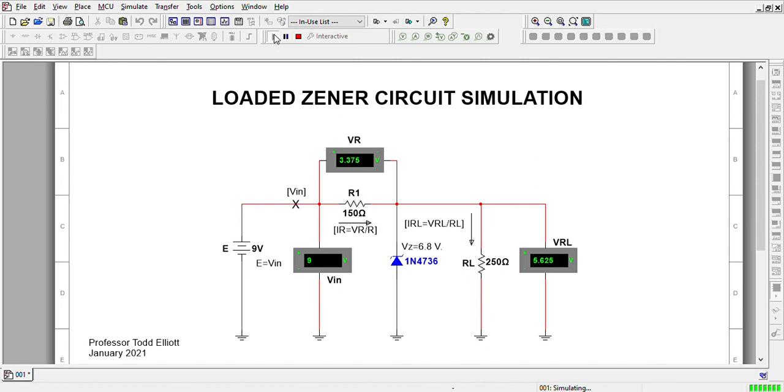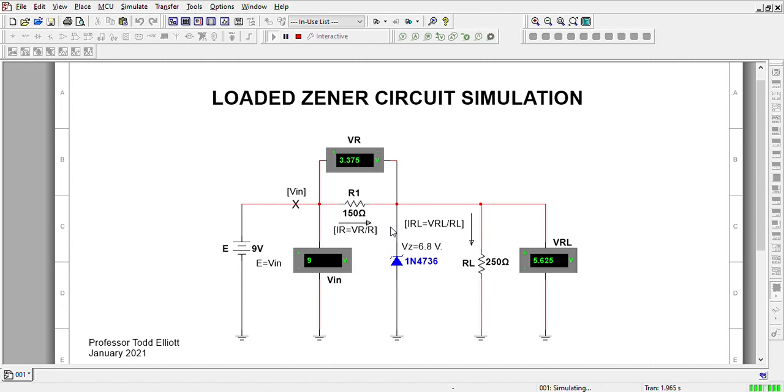Okay, now you can see that the voltage at the load resistance has dropped. And the reason is because now the load resistance is sufficiently low that it's going to demand enough current right here, and this current is given by this formula. You can think of it as siphoning off or reducing the current available for the Zener diode.